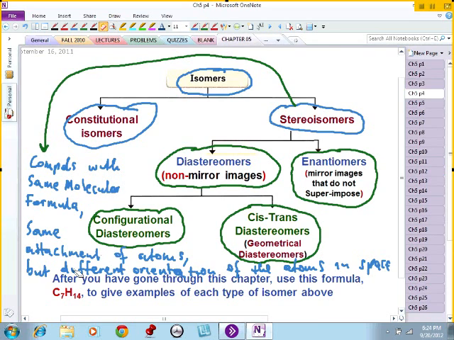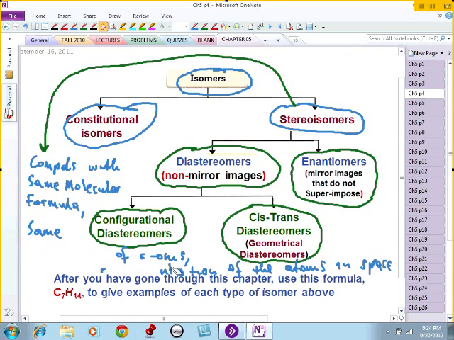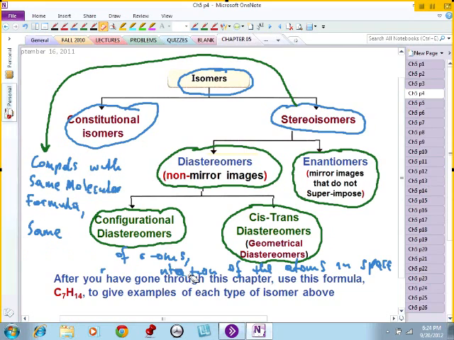At the end of this chapter, you should be able to take a formula. Okay, let me take this formula out. I don't want you to use this.